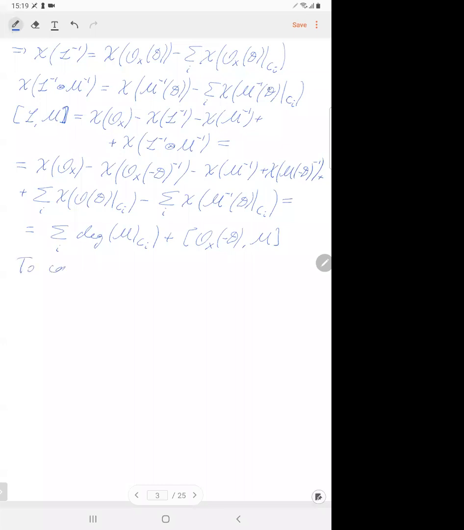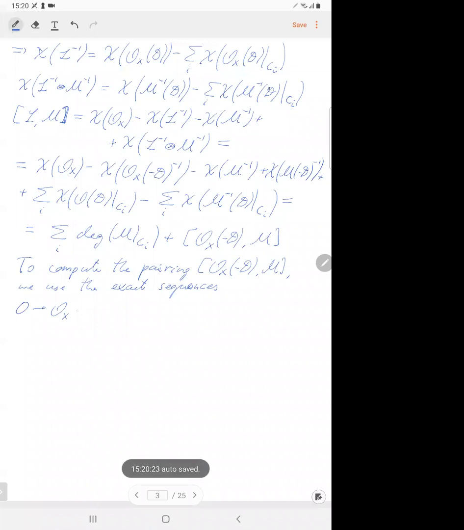To compute the pairing OX of negative D and M, we use the exact sequences: OX goes to OX of D, goes to OX of D restricted to D, and also its twist.